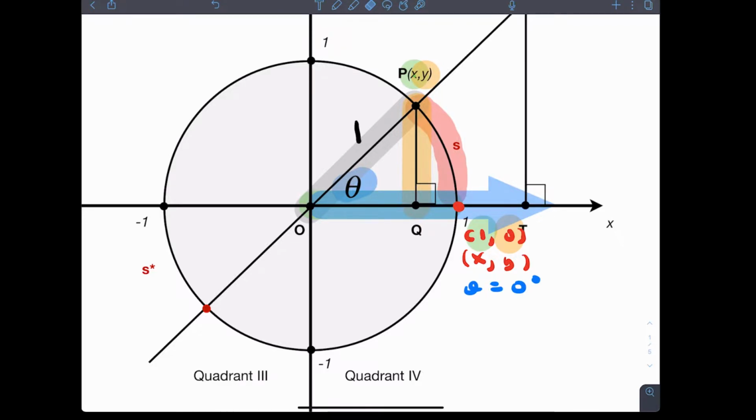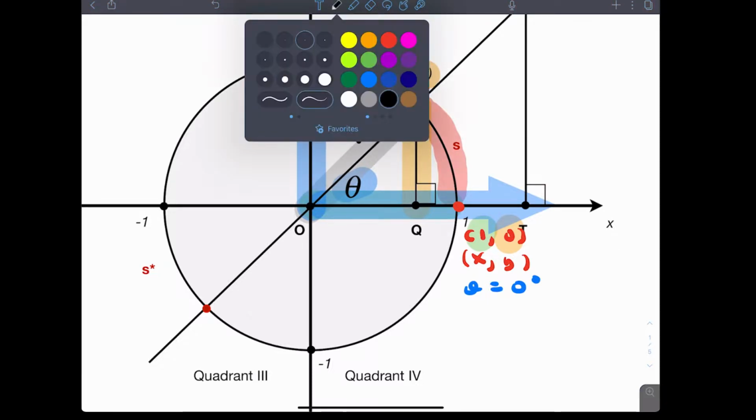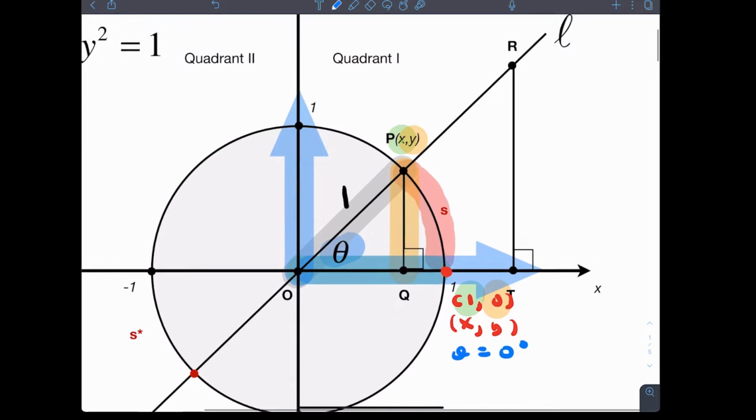Okay, now what if I said this? You're going to rotate the central angle 90 degrees. Okay, so now theta here is going to be 90 degrees.